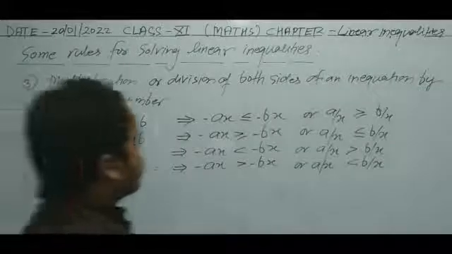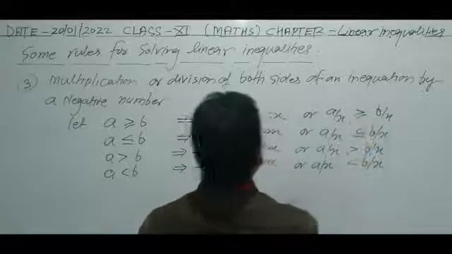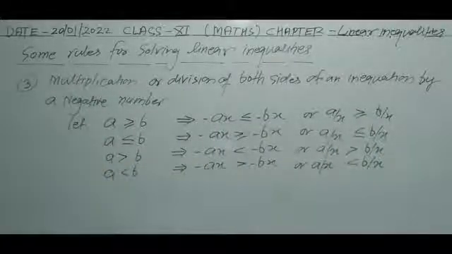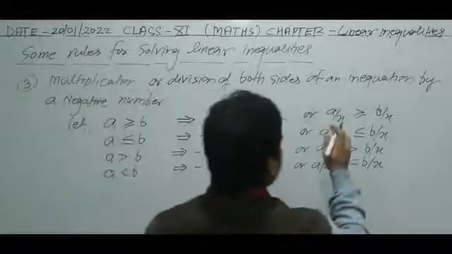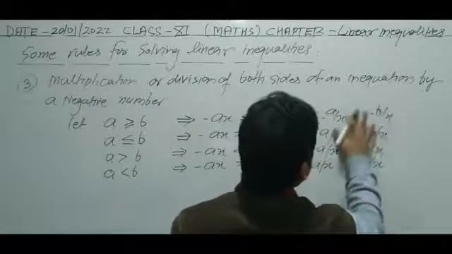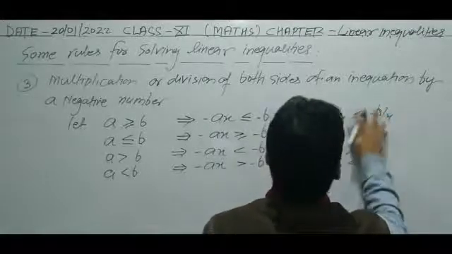Now this one, what can we write? This will also be the same. So minus A by X, minus B by X is less or equal to.